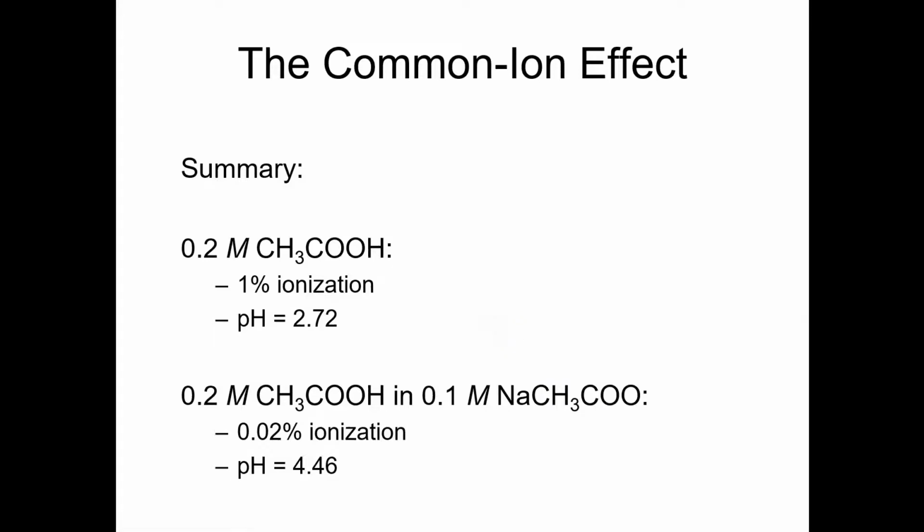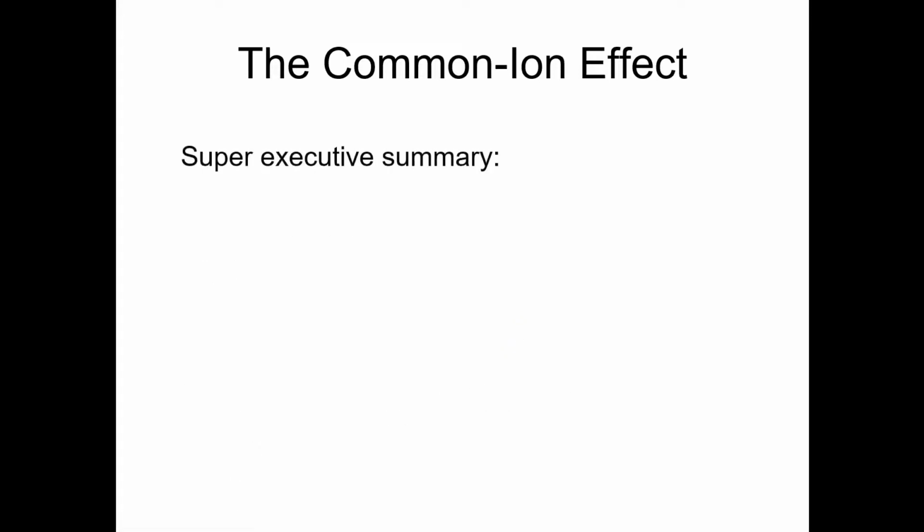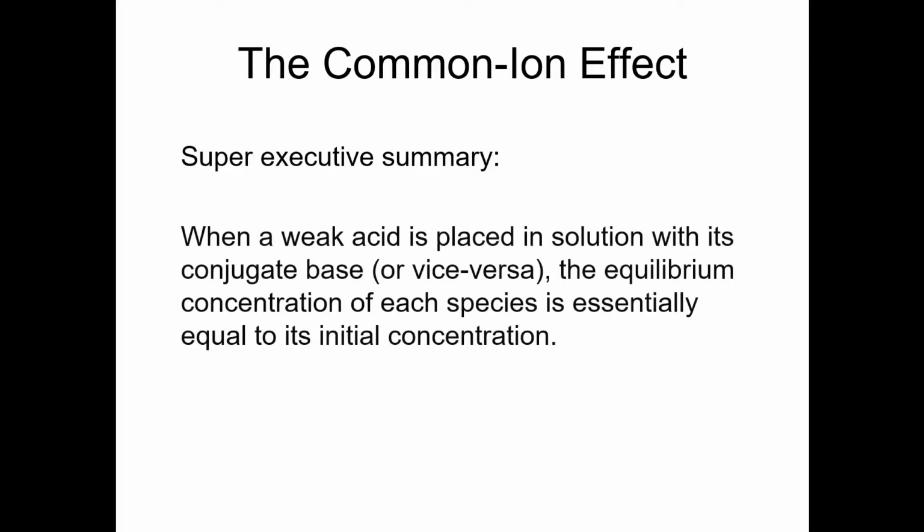Now let's go on to the super executive summary of everything we've talked about up to this point. When a weak acid is placed in solution with its conjugate base, or vice versa, a weak base is placed in solution with its conjugate acid, the equilibrium concentration of each species is essentially equal to its initial concentration. And we just saw that this is the big takeaway from the common ion effect.